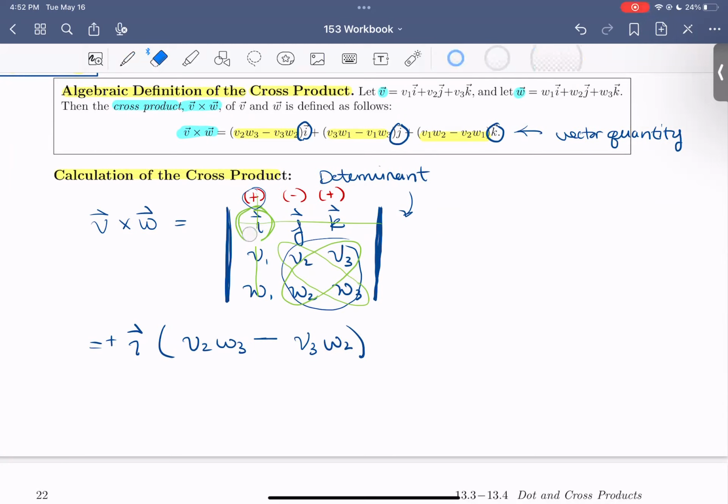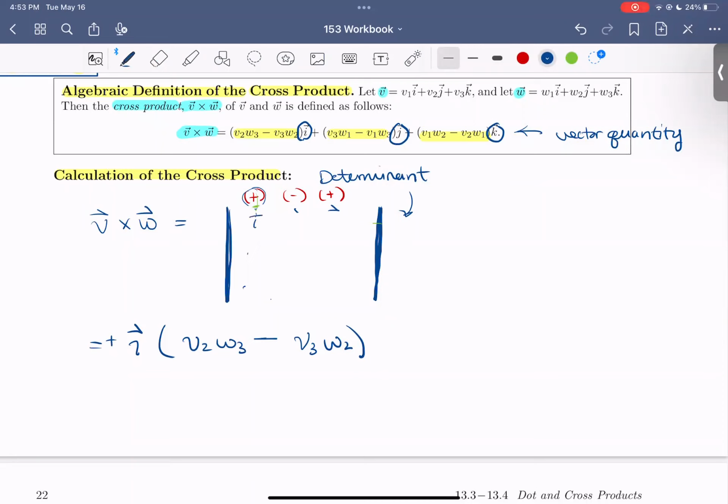Now I'm going to start again. I'm going to clean this up a little bit and rewrite my numbers so we don't get too cluttered. So we have our i, j, k, and our v1, v2, v3, w1, w2, w3. Now we're going to take care of the next column and first row, so we cross out those two.